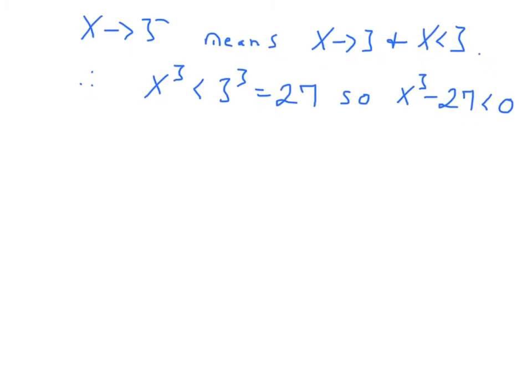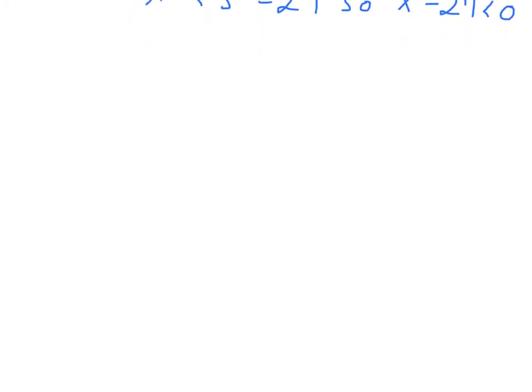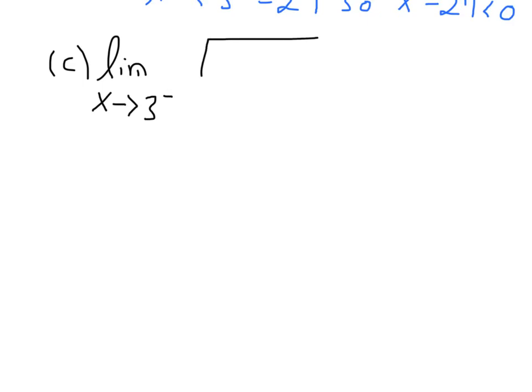We'll call this one part C. Okay, so this is going to be the limit as x tends to 3 from the left of the square root of 9 minus x squared, all divided by x minus 3.